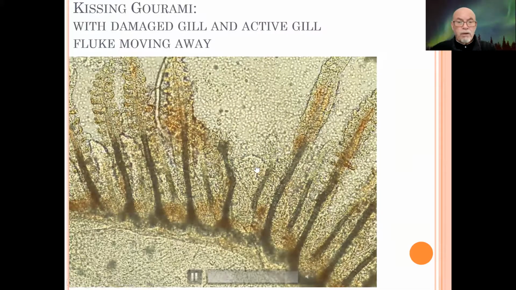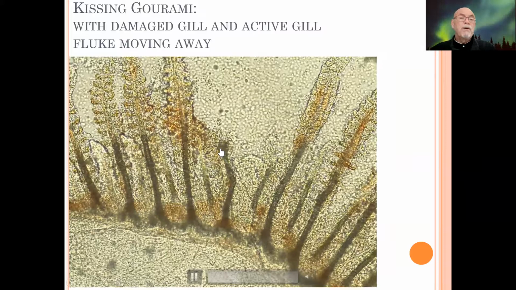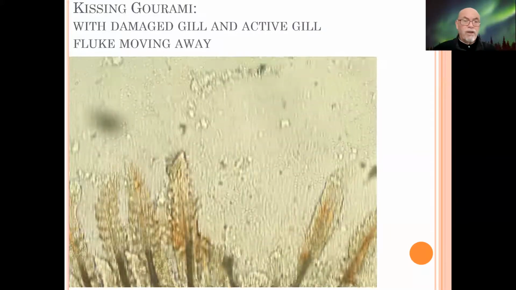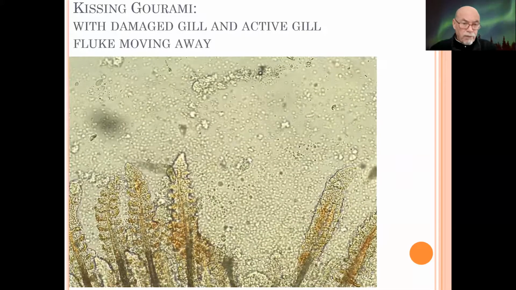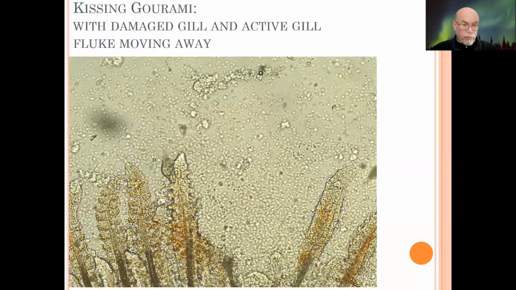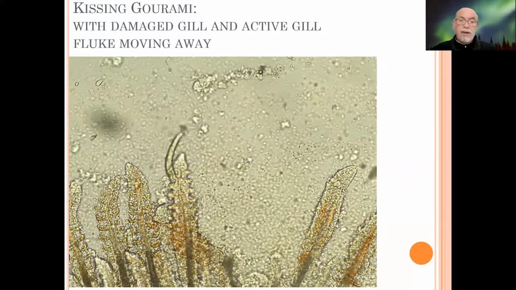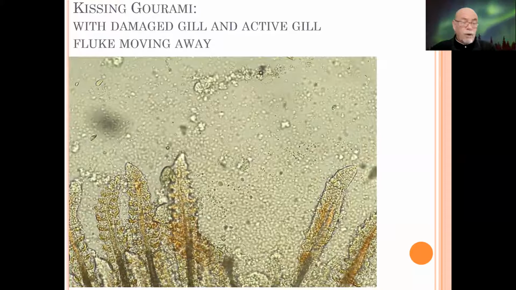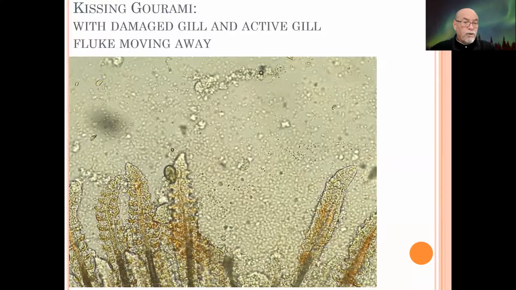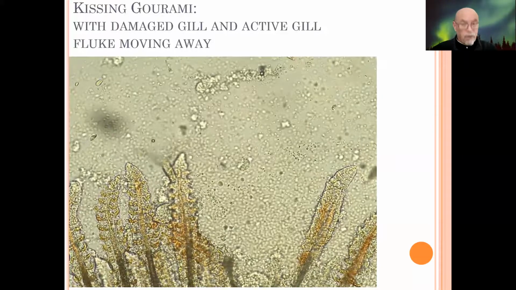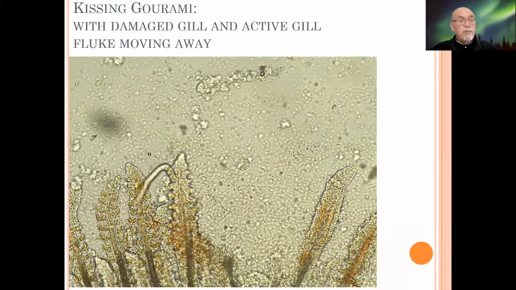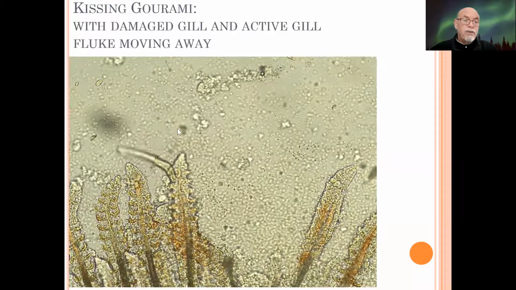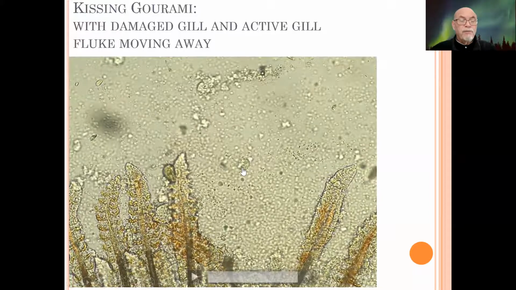You know, some are here getting probably secondary bacterial infections, and you can see here also that the gill fluke is trying to get out of this bad situation, and he's going to look for a new host, other fish in the aquarium, which are close by. So the more you crowd the aquarium, the more fish you keep together, the easier it is for this parasite, this gill fluke, to get away and to find a case to live in.